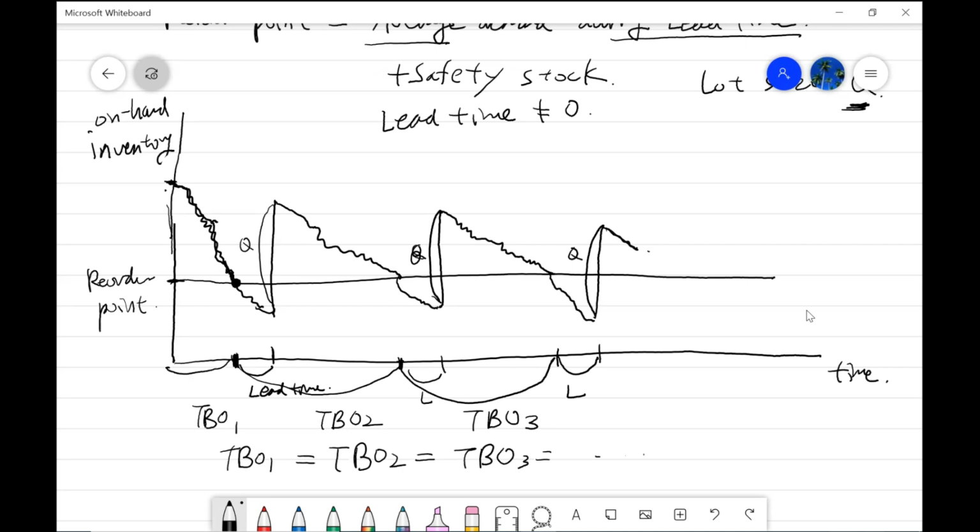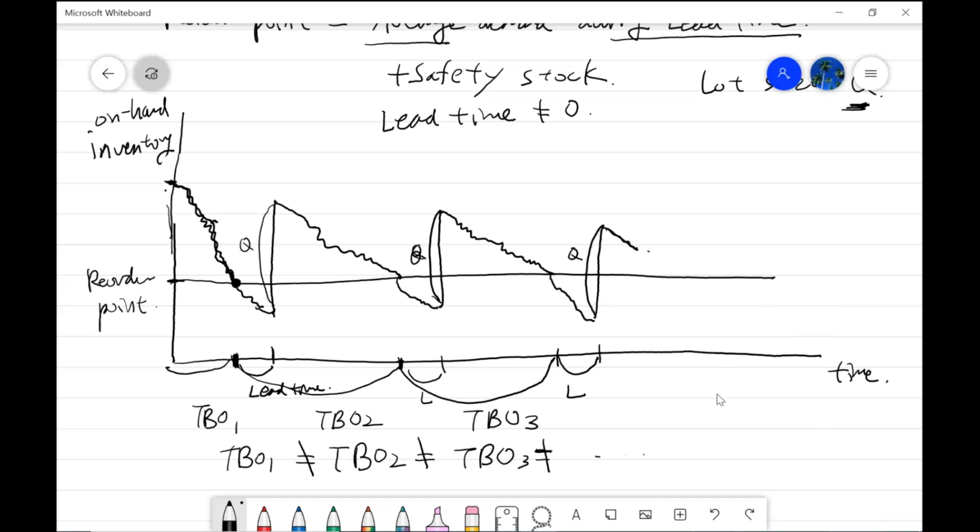Based on the reorder point. Even though the reorder point itself is fixed, the same over time, still because demand is uncertain, the time between orders could be very different, depending on the demand uncertainty. So most likely it's just different under the continuous review system.